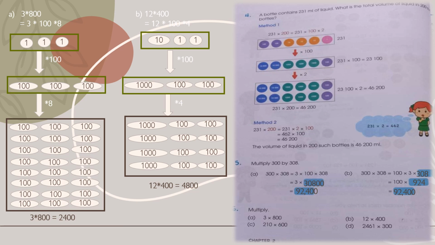And in the final result, we have 92,400. In part B, we first multiply 3 with 308 and then the resultant with 100. But still the answer is the same. So either you adopt method 1 or method 2, the resultant will be the same.